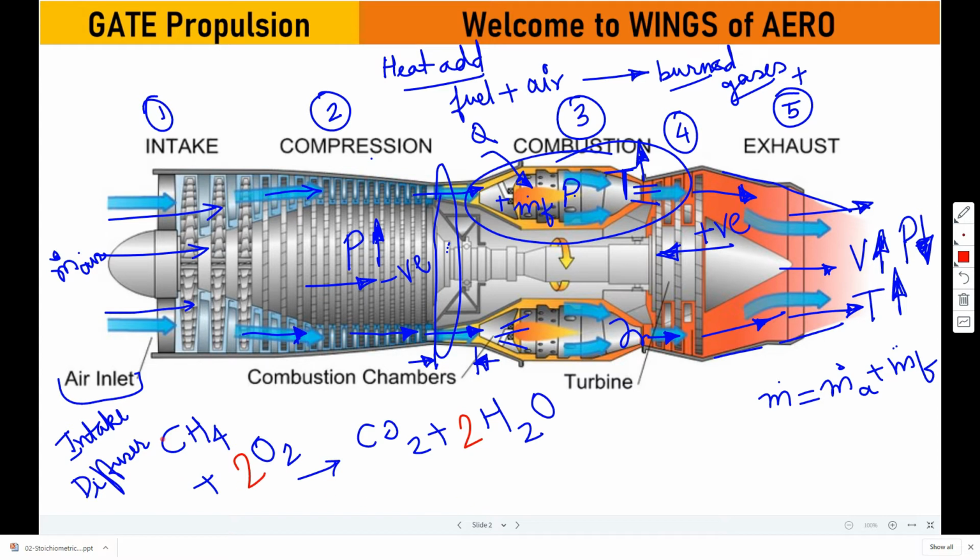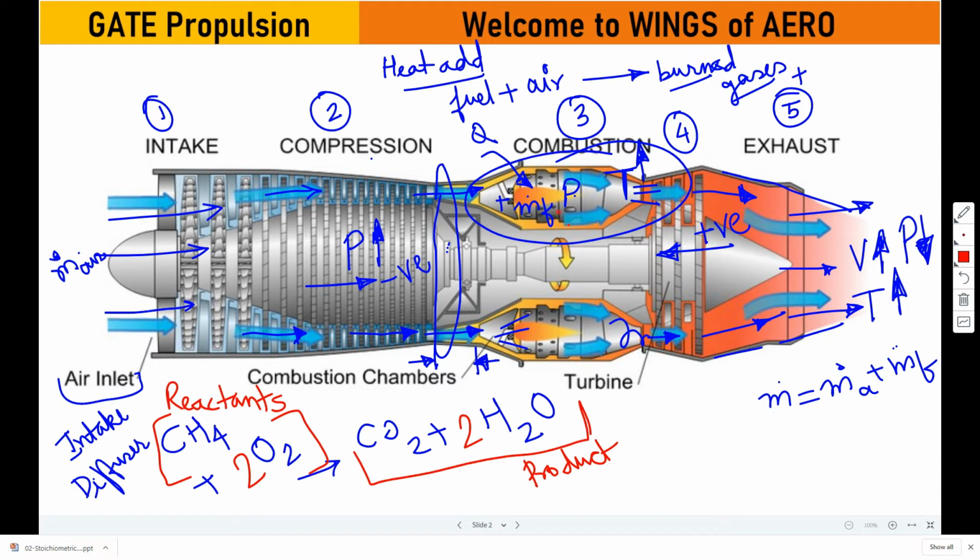Now in that balanced equation, what is happening? Whatever we are adding is called the reactants, and after reacting the fuel and the air, whatever remains is called the product. So in this combustion chamber, the question can come this way: when the fuel and air are mixed and we are left with some carbon dioxide and some water, predict the reactants.